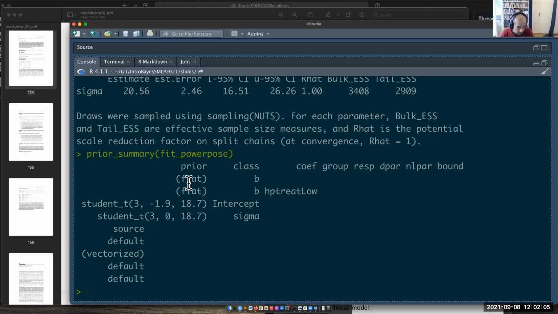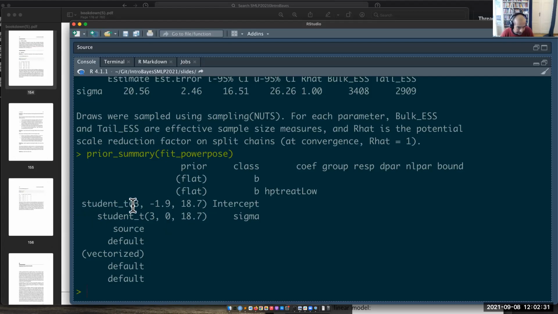It doesn't even tell you what it is. Maybe it's an improper prior, which I'll explain. Oh no, here it is, sorry, I'm mistaken. The prior is a Student t prior with 3 degrees of freedom and some mean and some standard deviation. I think these are the parameters in this thing.